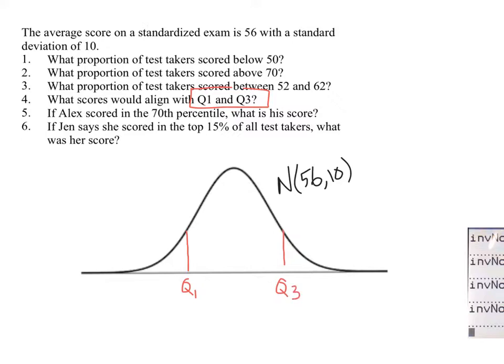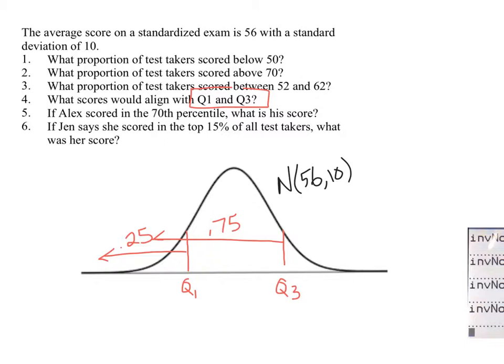And this would be the case where you're looking for a score, so you'd use the inverse normal function. We always write the proportion below. So Q1 has 25% below, and Q3, of course, has 75% below. That would be your work, and then you'd use the calculator, and I'll show that in a moment.